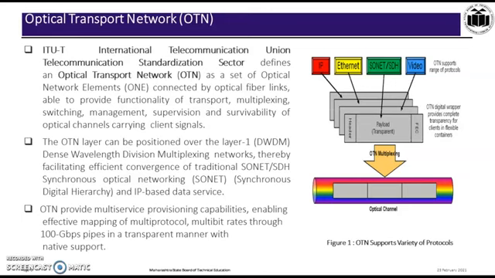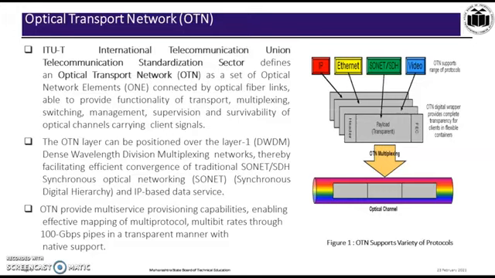The OTN layer can be positioned over layer 1, that is the dense wavelength division multiplexing network, thereby facilitating the efficient convergence of traditional SONET, that is the synchronous optical networking, and SDH, that is the synchronous digital hierarchy, and IP-based data service.